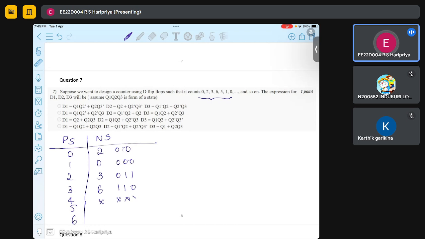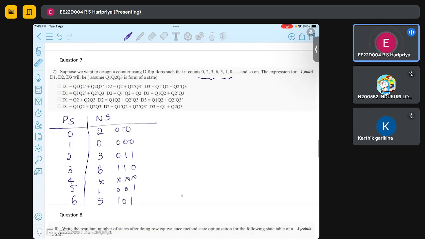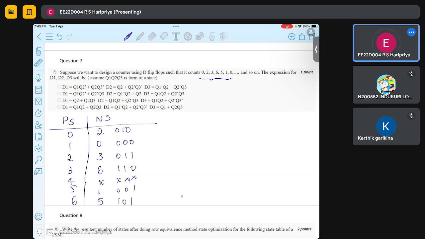This is not given in the sequence, and 1, 6 means 5. Now you have to use the K-map to simplify for every bit. D1, D2, D3.